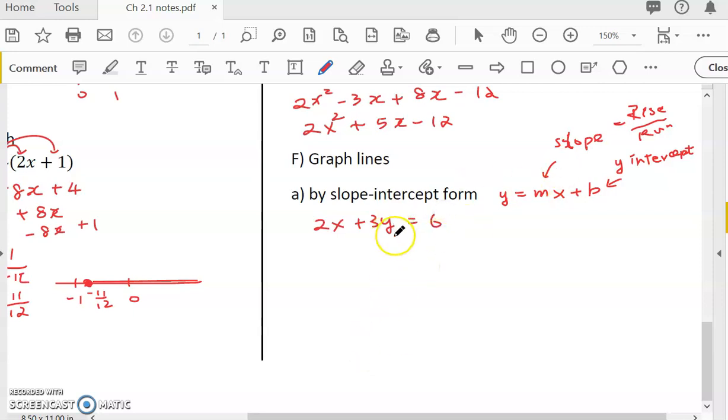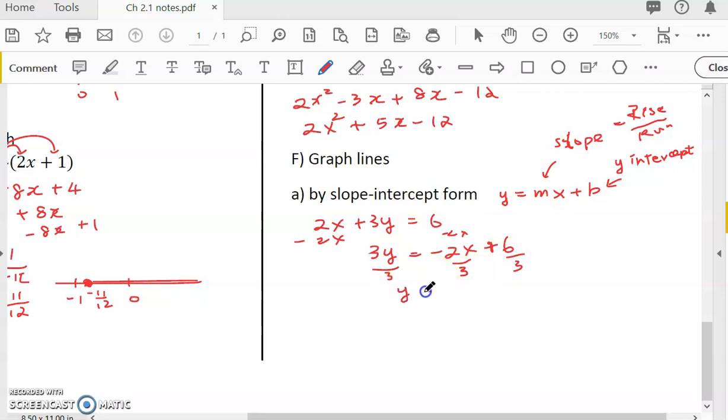Okay. So it is not in slope intercept form because I don't have y equals. So I have to change it into, okay, minus 2x, minus 2x. So I have 3y equal to negative 2x plus 6. I want to write x first because that's how the form looks. And then I divide by 3, divide by 3, divide by 3.